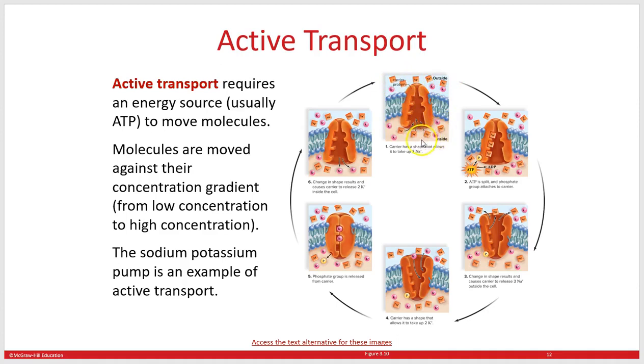You have some sodium inside, but there's more outside. And so what's happening here is we want to move this sodium out, but in order to do so, we have to spend energy to get it out. And when we spend energy to get it out, it's like a pump. It's like moving something uphill, basically.